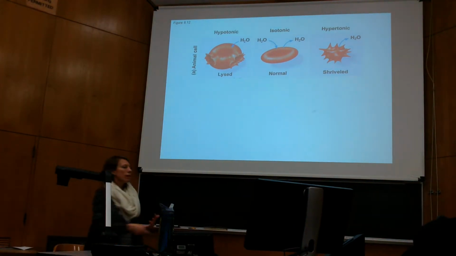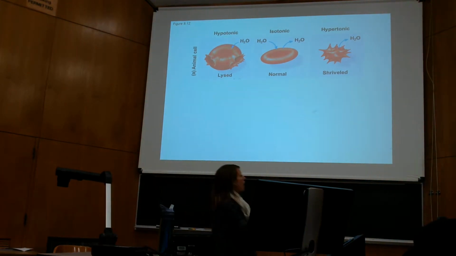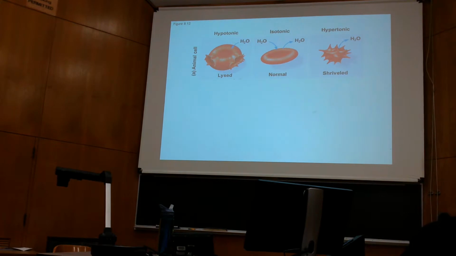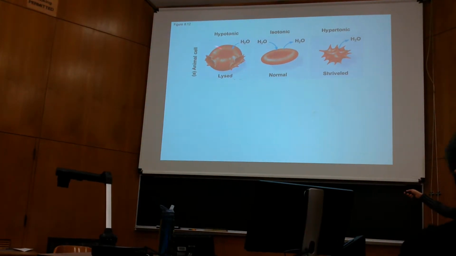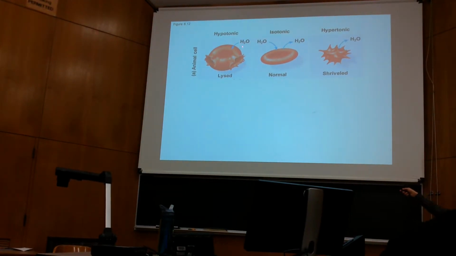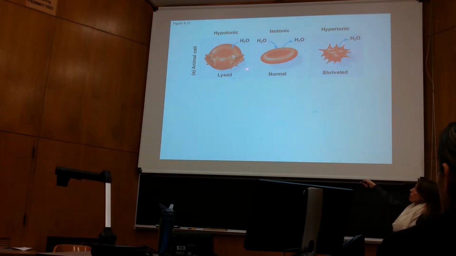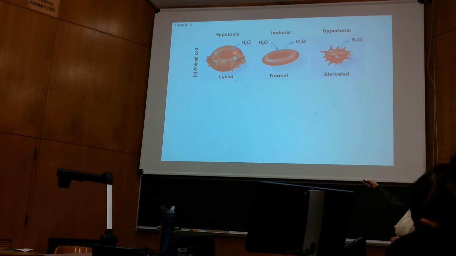Okay, if we all of a sudden take one of our cells and drop it in a hypotonic solution, that means there's not very many solutes. It's less than what's inside our cell. By osmosis, water will move from this lower concentration to the higher concentration of solutes to equal it out.